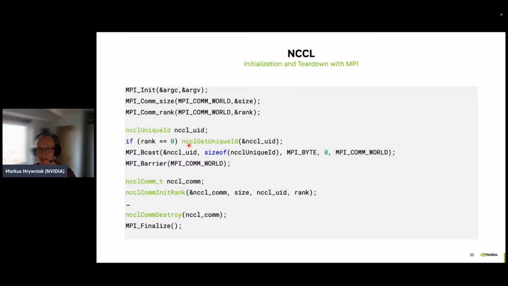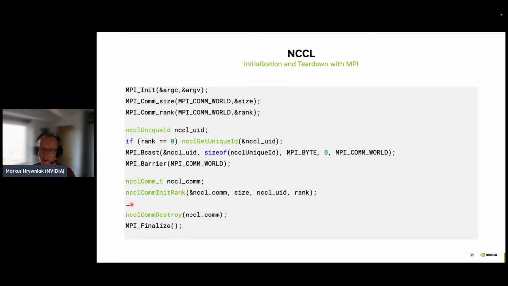Then it's on you to take this unique ID and distribute it, in this case with a broadcast, across all the ranks in our comm world. We make sure every rank has seen this ID, and then we can create, out of this comm world, an NCCL communicator with the same size and rank as the original MPI communicator, taking in this UID.